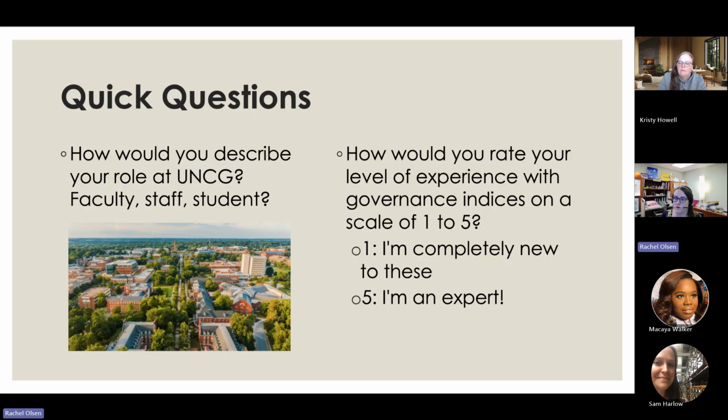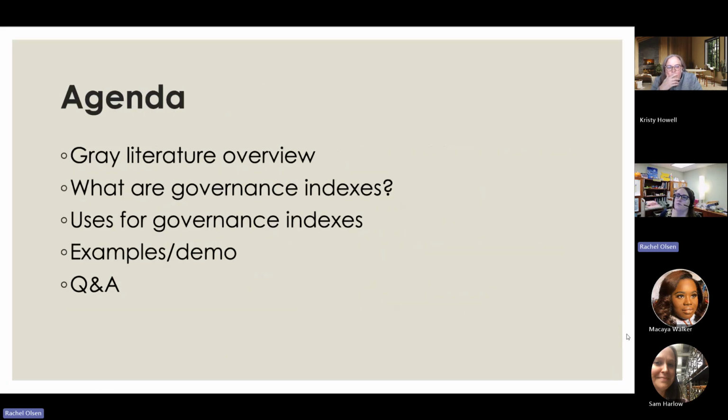I'm getting a 1. And I'll also say while people are typing, if there's something that you know about these as we're going through that I'm not mentioning, absolutely feel free to chime in. Okay, 3-ish and a 1. Okay, cool. So we're mostly new to these, but maybe a little bit of experience for some of us. Good to know.